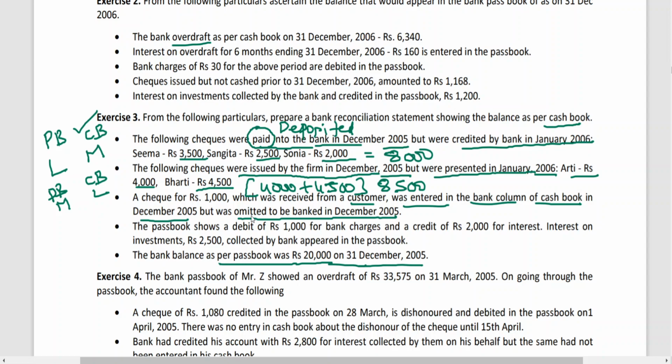We have received a check from the customer, but it has been entered in the bank column of the cash book. Like in the cash book bank column, the moment you receive a check to deposit, you make the entry. So they made an entry for deposit, but physically the check has not been sent to the bank.